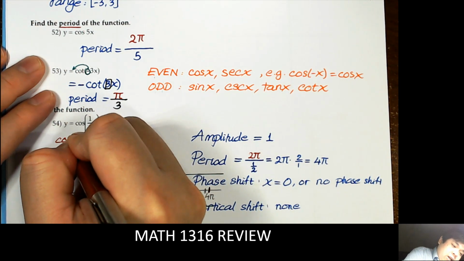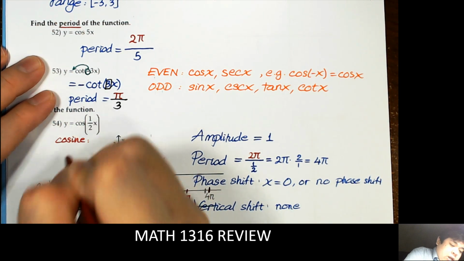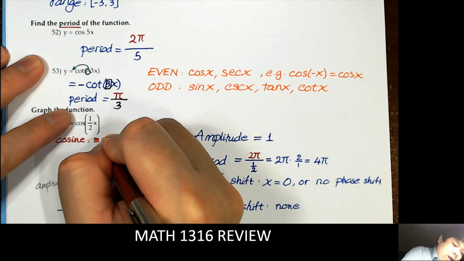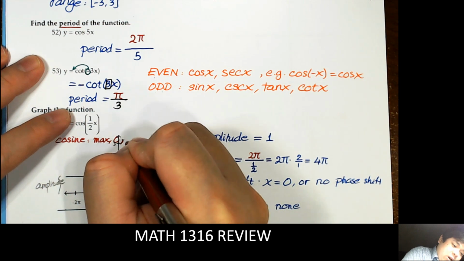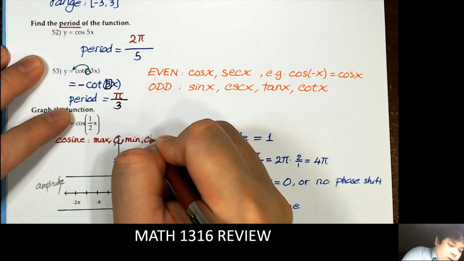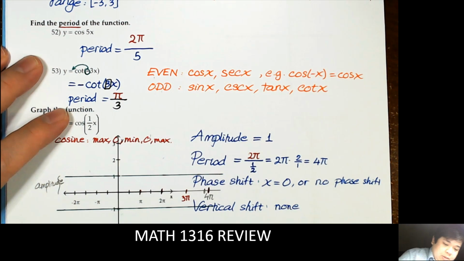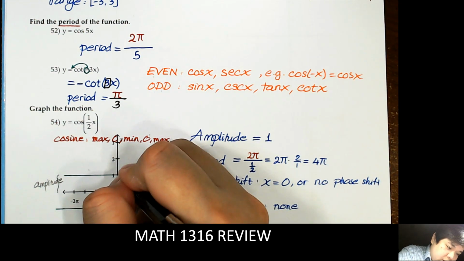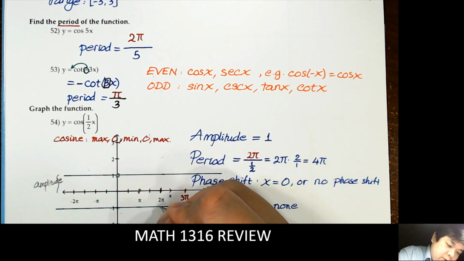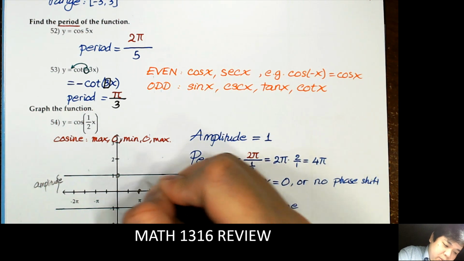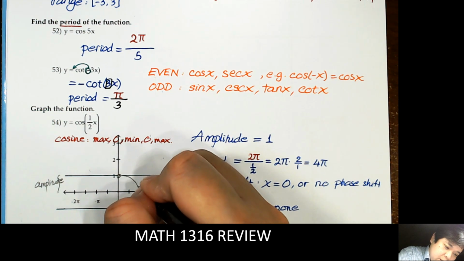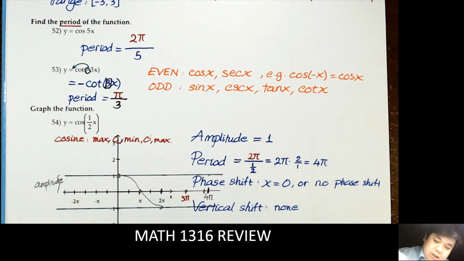Right. And then finally, this is the graph of cosine. The parent for cosine is, we start with the max, go back to 0, min, 0, and then max. So max, 0, min, 0, max. That's why I draw in pencil.